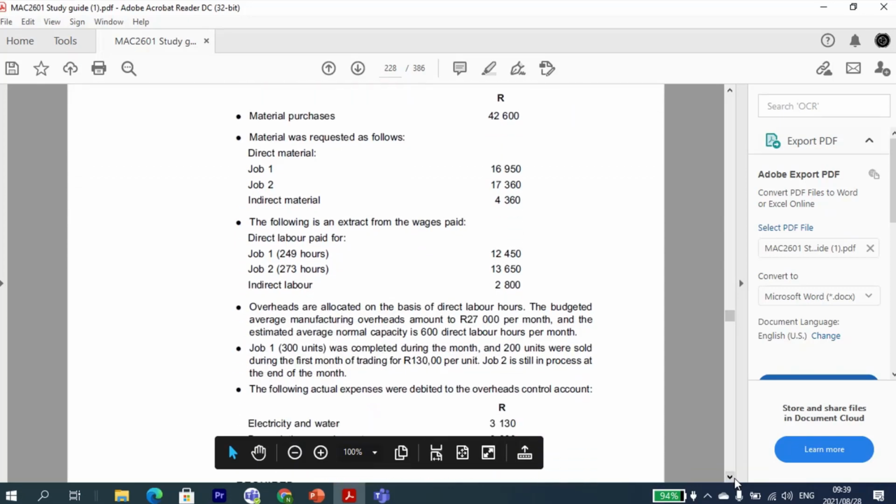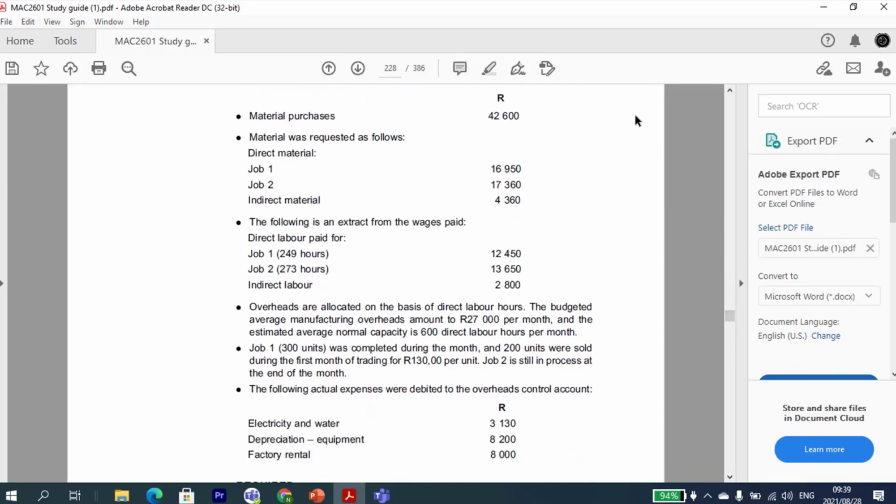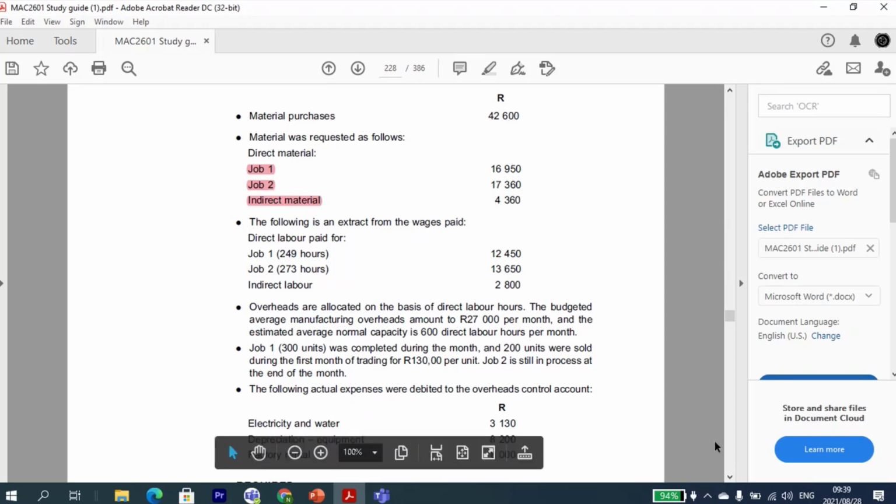They show you the material purchases that they made, 42,600. The material was requisitioned as follows. Then this is where they split it to say job 1 was 16.9, job 2 is 17.3. Then there's indirect material, which they didn't indicate is for which job, so we're just assuming it's for all jobs, it's 4.3.